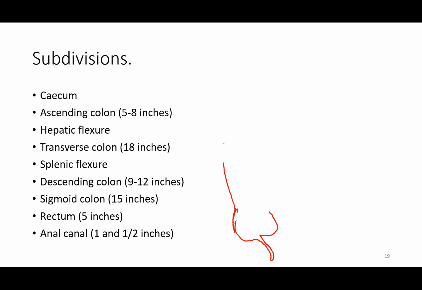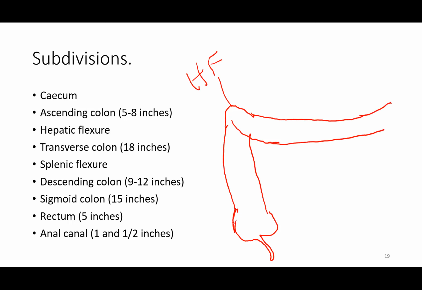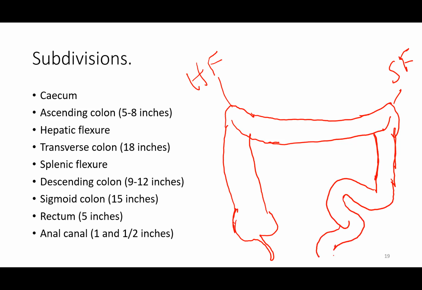You have the ascending colon, the hepatic flexure here, then the transverse colon, then the splenic flexure here, the descending colon, then the sigmoid colon, then the rectum.